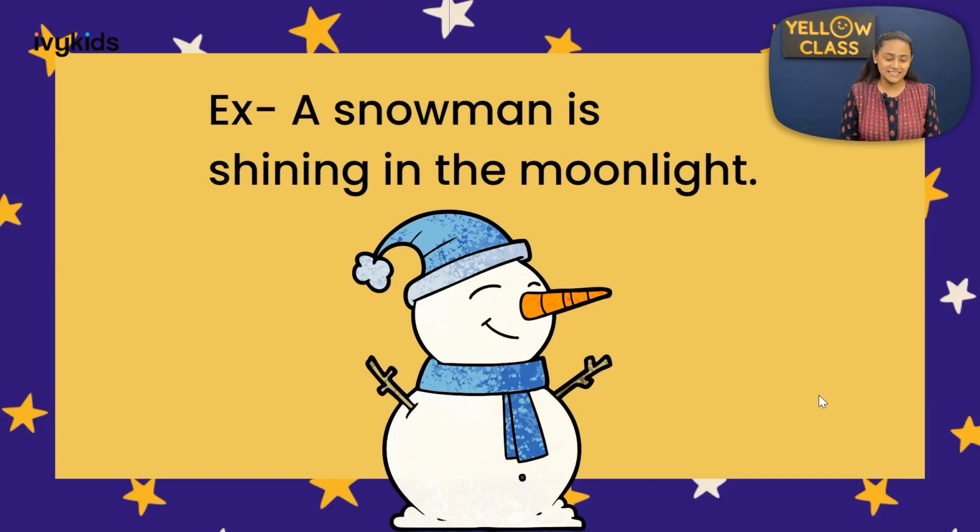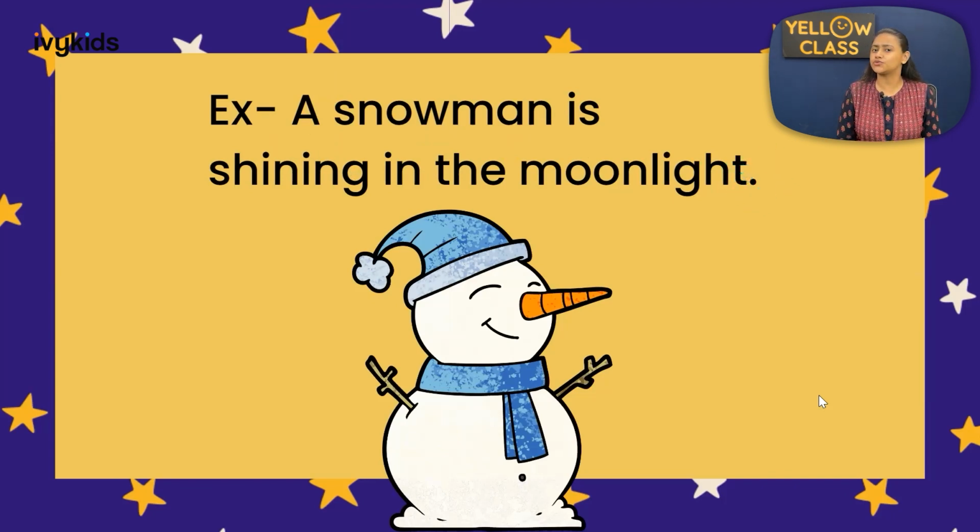Look at the sentence. A snowman is the naming part, and in continuation, is shining in the moonlight becomes the telling part. Also remember everybody, when we write a complete sentence, we start the sentence with a capital letter. Look at this, A is capital, and we end the sentence with a full stop.